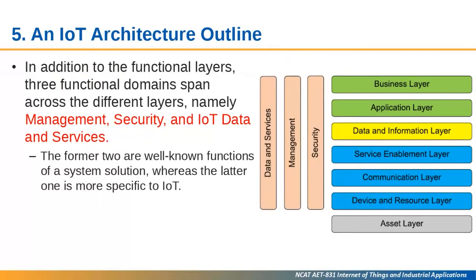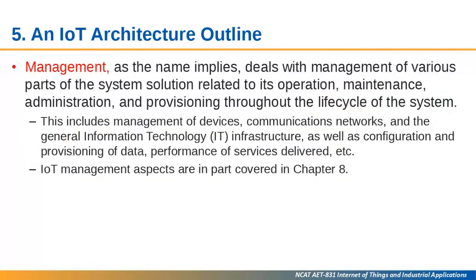By this moment, we have finished talking about the seven horizontal layers. Basically, it follows the process of how data flows from the physical world, to the cyber world, and to the business. We also have three boundary layers here, namely management, security, and IoT data and services. Let's look at them one by one. Management deals with the management of various parts of the solution related to its operation, maintenance, administration, and provisioning throughout the life cycle of the system.